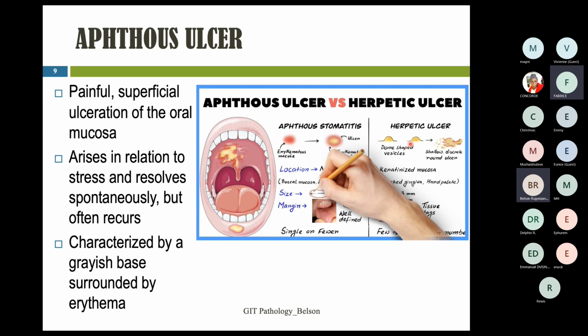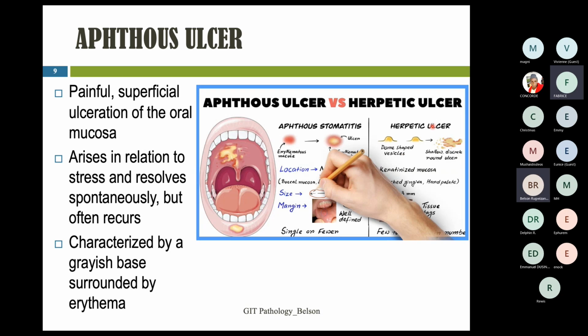And you see that first of all there is that swelling, while in an ulcer there is straightforward ulceration, meaning that a part of the mucosa is lost, while in herpetic ulcer there is first a swelling which is filled with fluid, then there will be ulceration of that. So that's the main difference.